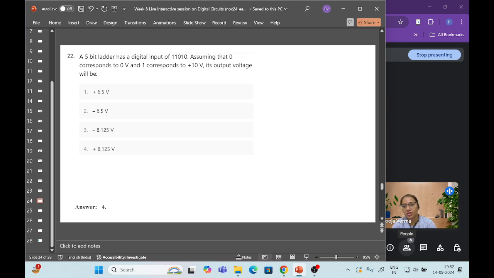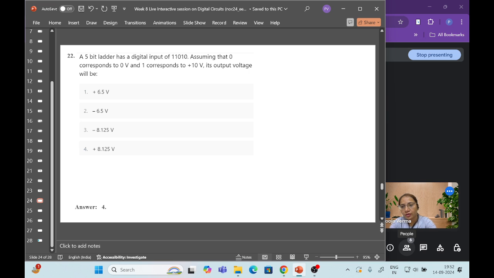The next question is, a 5-bit ladder has a digital input of 11010. Assuming that 0 corresponds to 0 volt and 1 corresponds to plus 10 volt, what will be the output voltage?